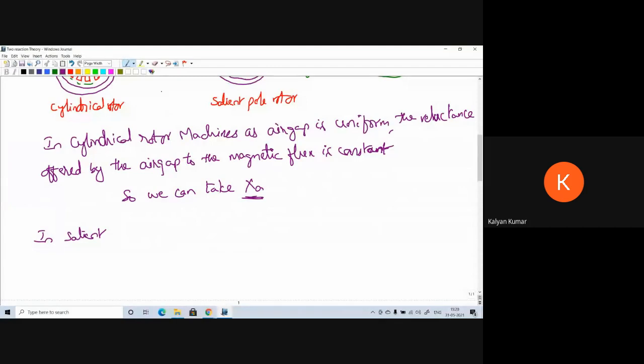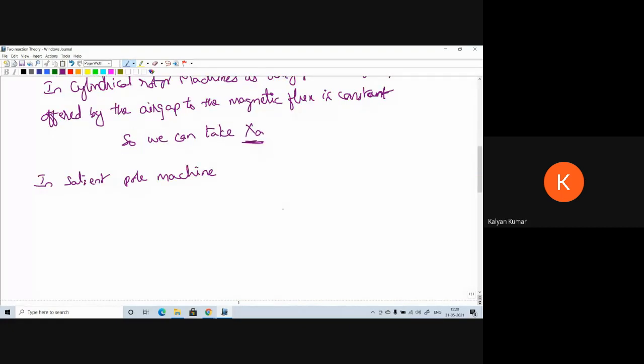But in case of salient pole machine, air gap is not uniform. The air gap is not uniform.